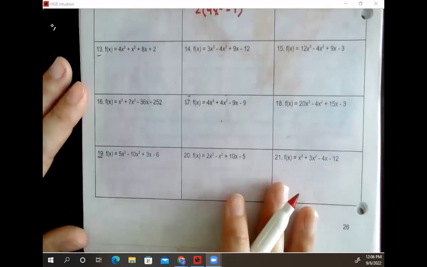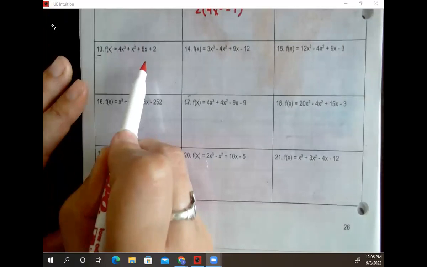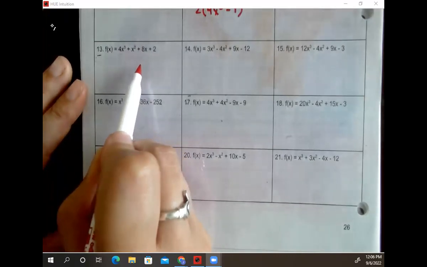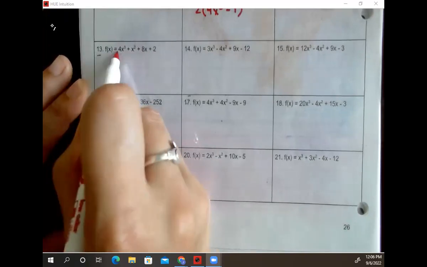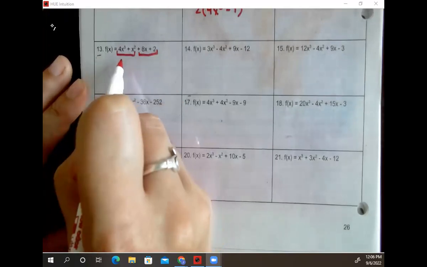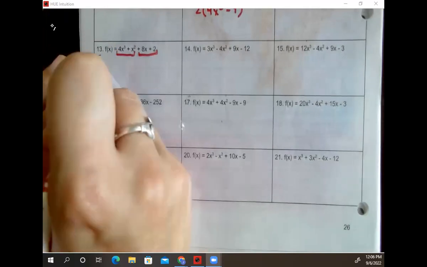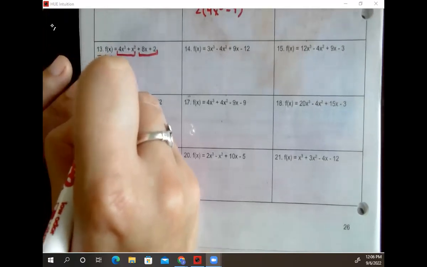And let's take a look at number 13. Do I have a GCF, a greatest common factor, for number 13? Something I can divide out of all of those terms? Nope. So since it's in 4 terms, we'll use grouping. What's my GCF for the first group? X squared. That would leave me with 4x plus 1.